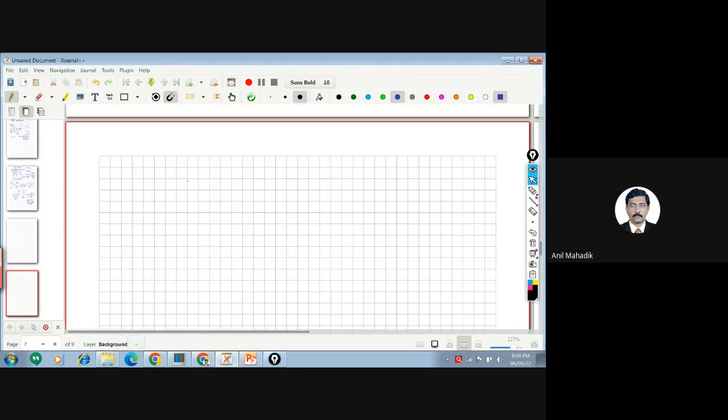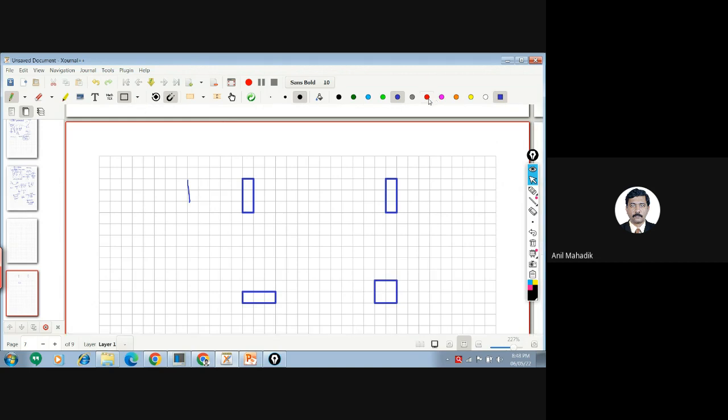Let me show you, this is my beam. Oh, sorry, column. Let's say this is my column, and this is my column. Let's say this is a big square column. And then I have beams.